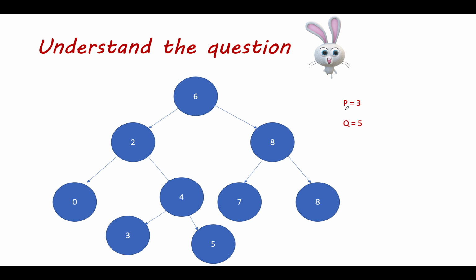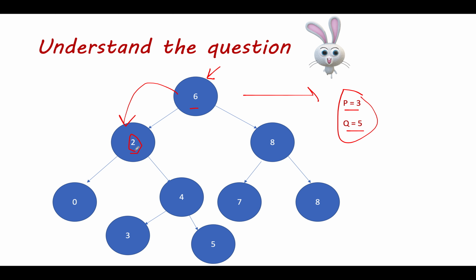Here we have 3 comma 5 as our nodes in the tree whose lowest common ancestor we want to search. So what we are going to do, the first node is 6, that is the root of the tree. Root is greater than both these nodes. So you will move towards left. So you jump on to here and you see 2 here.